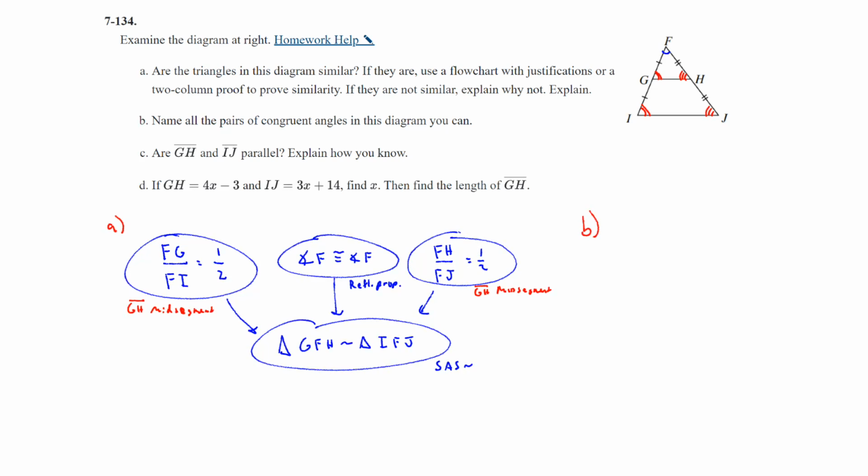So let's just go ahead and write those down. We have angle FGH is congruent to angle FIJ. And we also have angle FHG congruent to angle FJI.